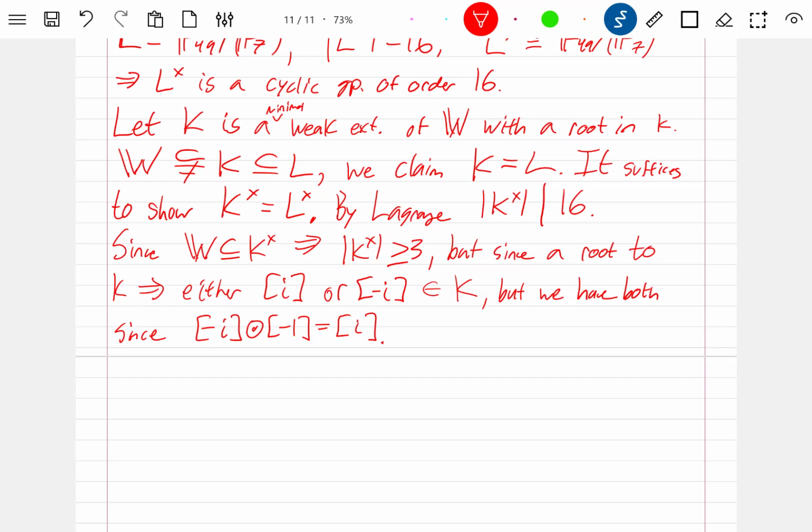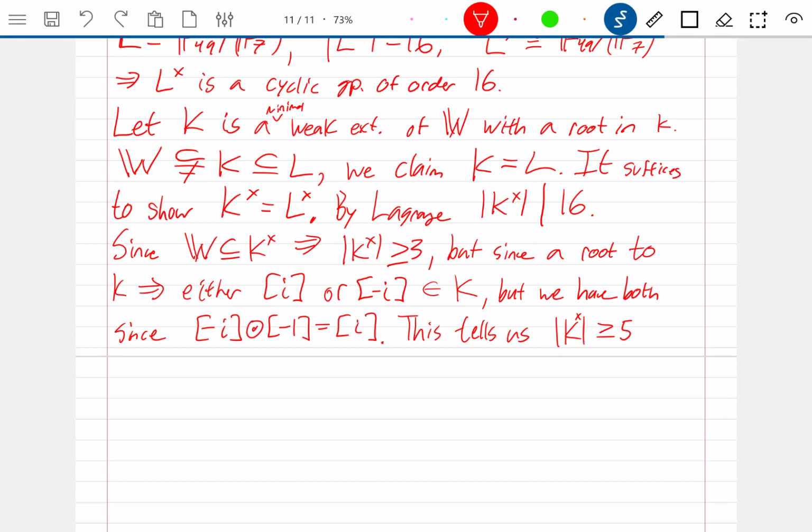So at this point, the size of K star, we're already up to 5 things. So in some sense, we now have 5 non-zero elements, so we know it's either 8 or 16. We will show it's 16.